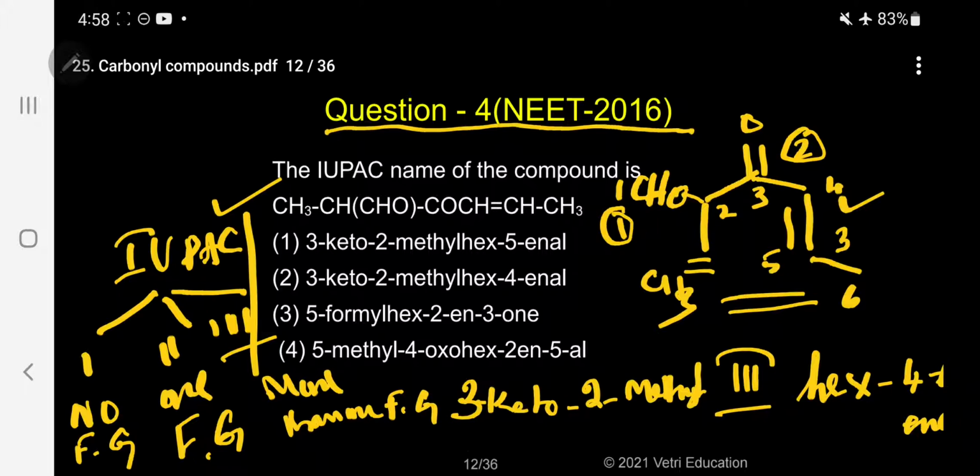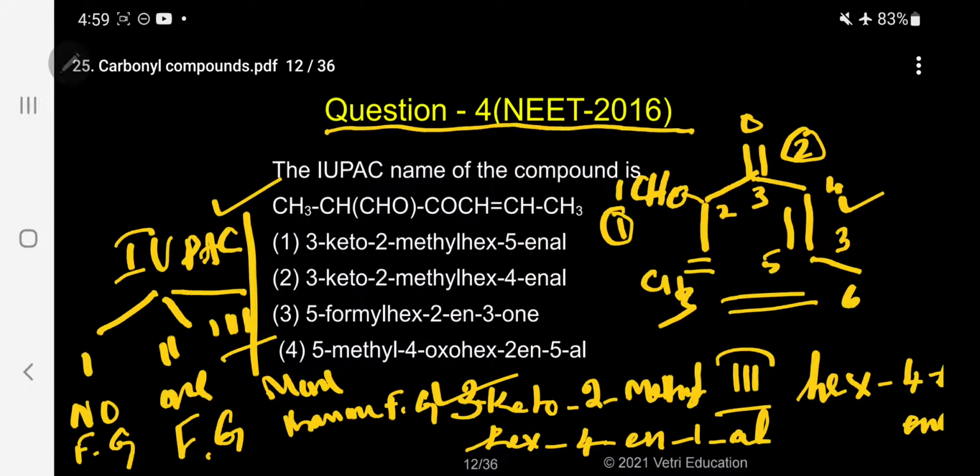Now hex, 2-methyl hex, then the position is 4-en, and the OH group is present at position 1 correspondingly. So 1-ol, 1-al, or simply you can write 4-enol.